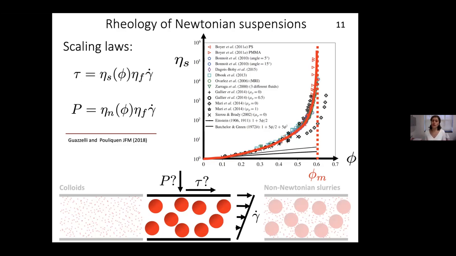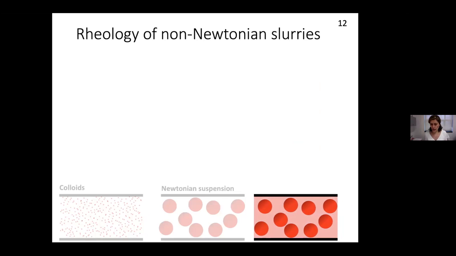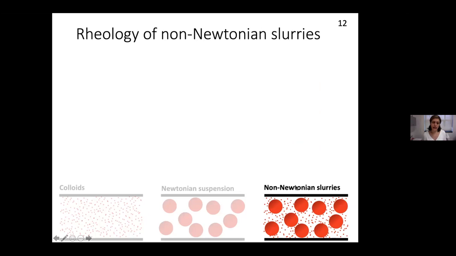So this is what we know about Newtonian suspensions when there is no inertia, and how we can scale the shear stresses and normal stresses in the suspension. So now let's turn to our main question. I have a system that is composed of a wide range of particle sizes, and some of the particles have fine colloidal interaction on their surface and some do not.